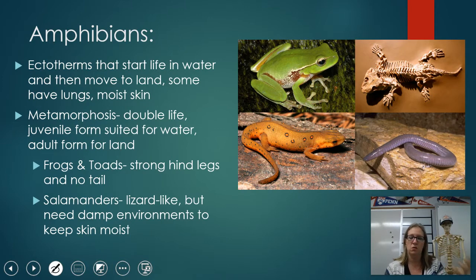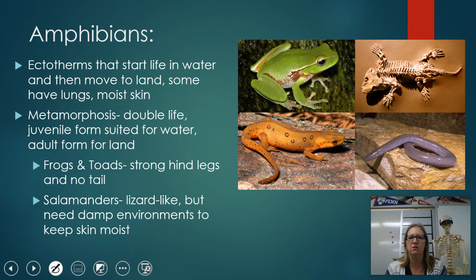They don't have lungs. But then they go through this process known as metamorphosis. So if you think of a frog tadpole, it looks very different than the adult frog. It starts in the water. As it develops, it grows legs, it grows lungs, and it actually moves out to the land where it can breathe air through its lungs.